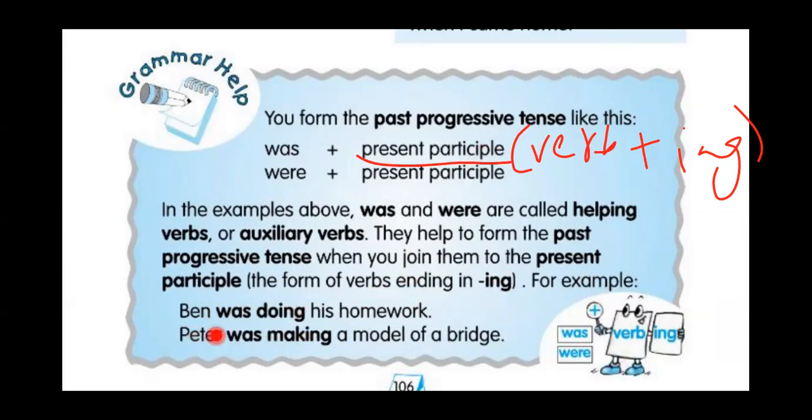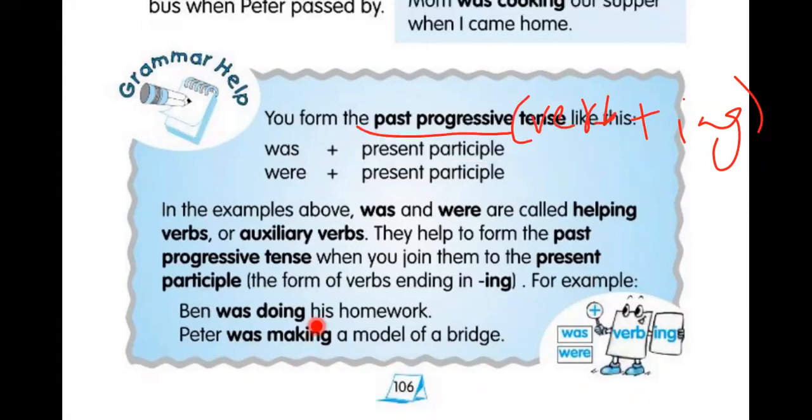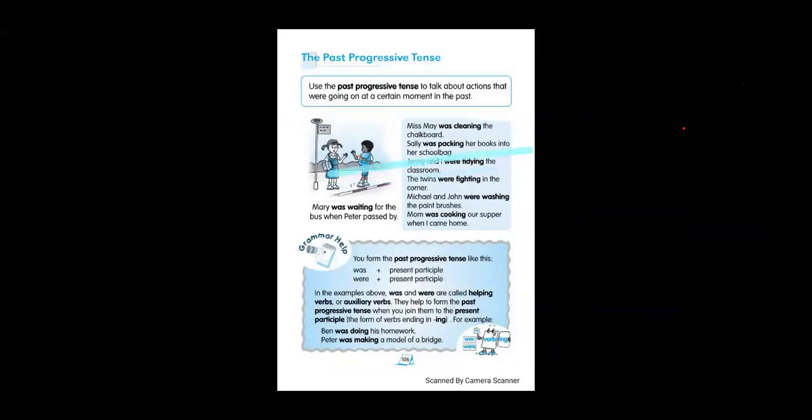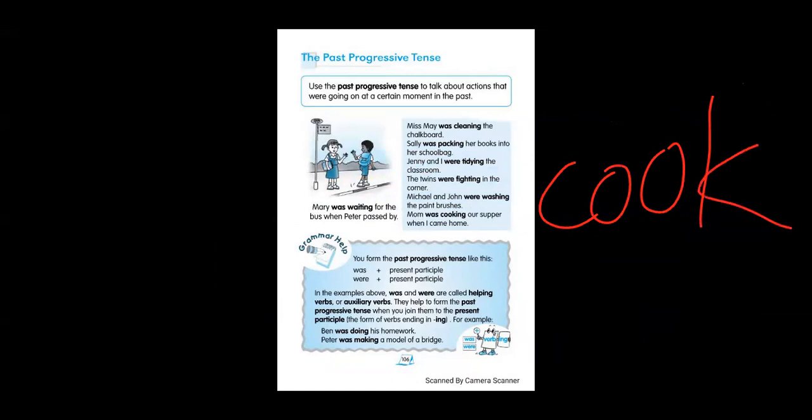For example, Ben was doing his homework. Peter was making a model of a bridge. So, have you understood? We use helping verbs and verb plus ing. If I give you the example of cook, can you make a sentence with cook?